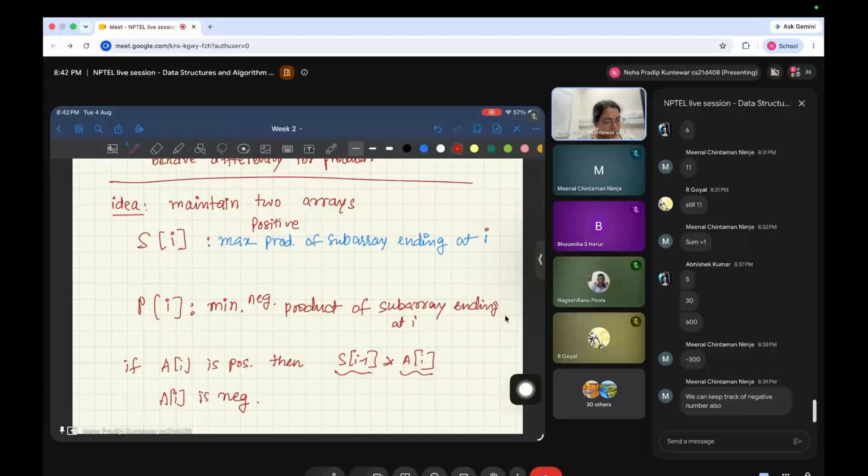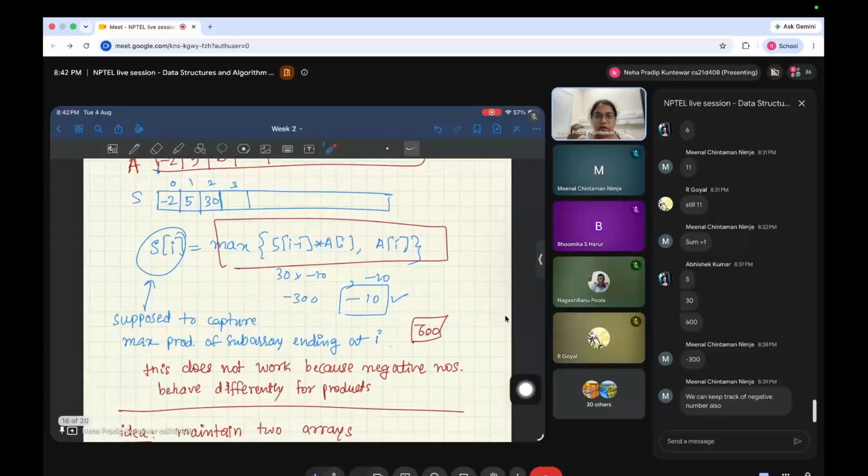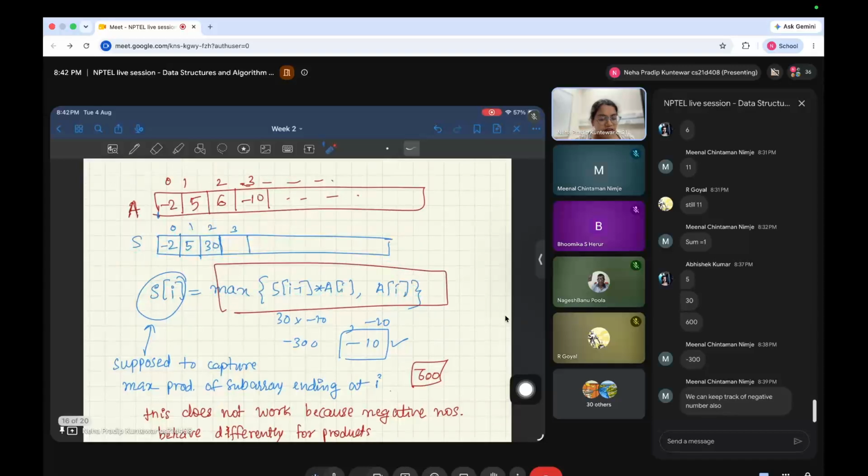In this case, that minimum term should have been, not minus 300, 30 times 2, so minus 60. So I should have stored this minus 60, the minimum negative product, so that when I see minus 60 and minus 10, I multiply the two of them and get the correct answer, which was 600.